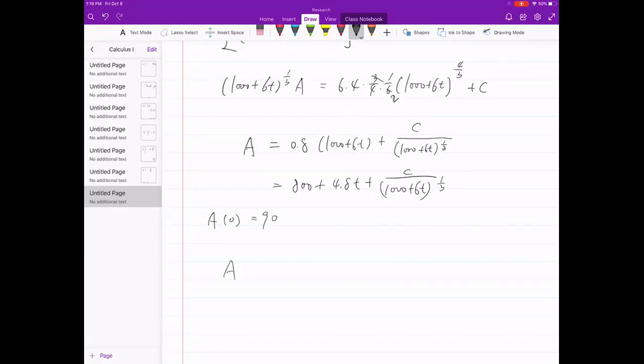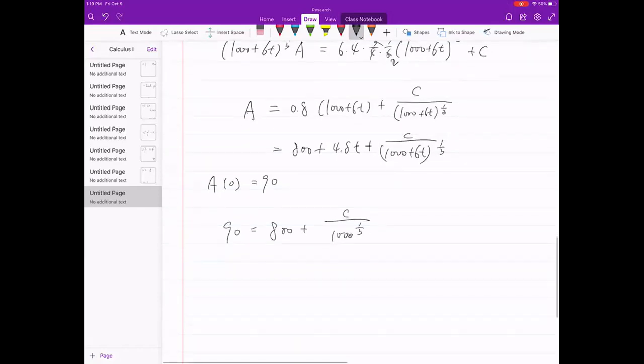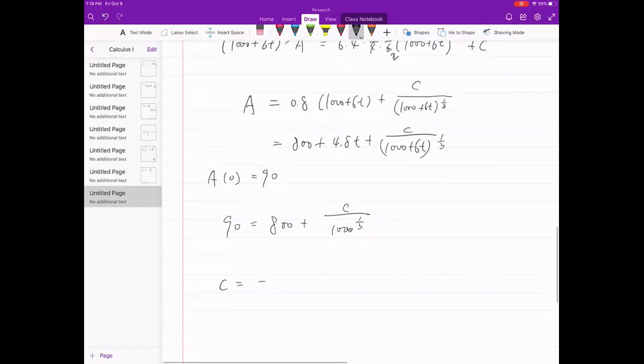Therefore, if you plug in 0, A, which is 90, equals 800 plus c over 1000 to the 1/3. Okay. C equals negative 710 times 1000 to the 1/3.